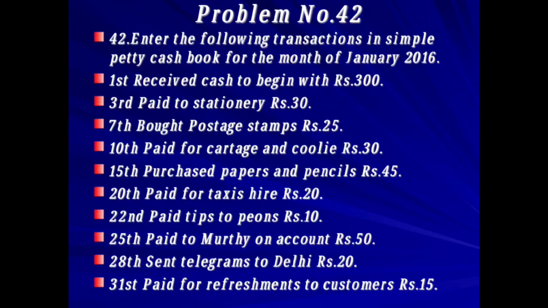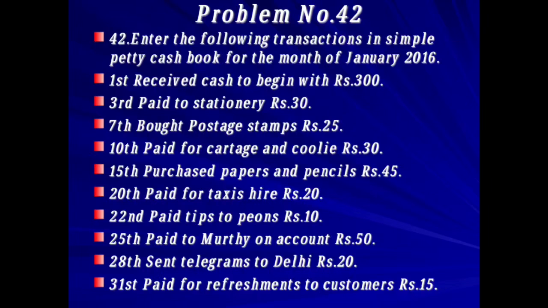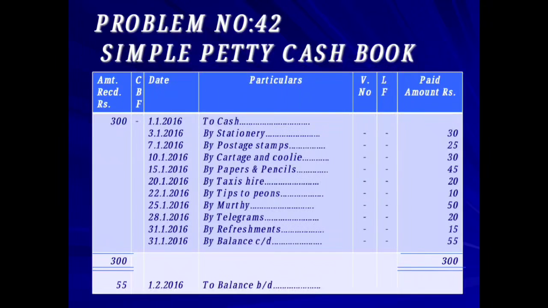So on 28/1/2016, by telegrams rupees 20. Then the last entry, on the 31st, paid for refreshments to customers rupees 15. So 31/1/2016, by refreshments to our customers, rupees 15.